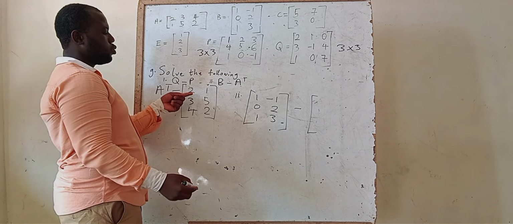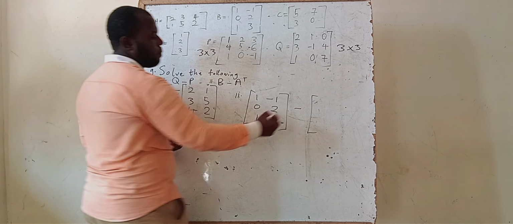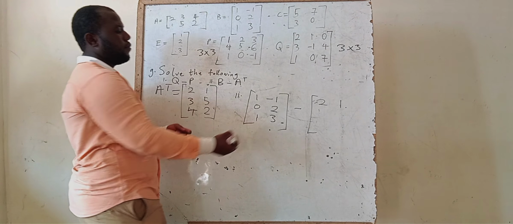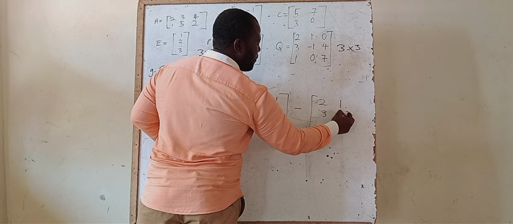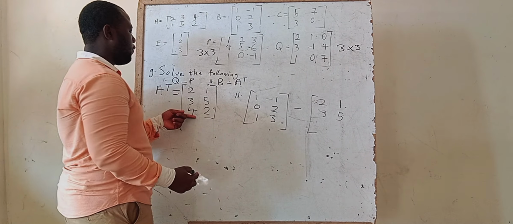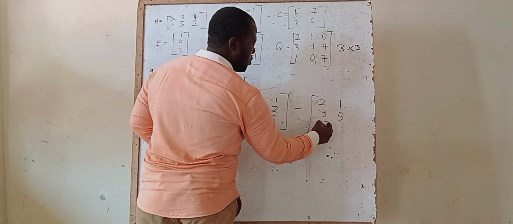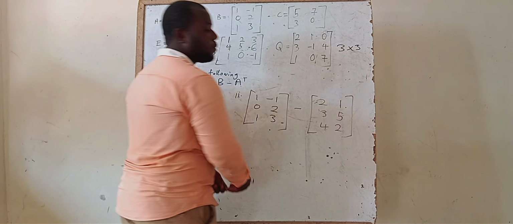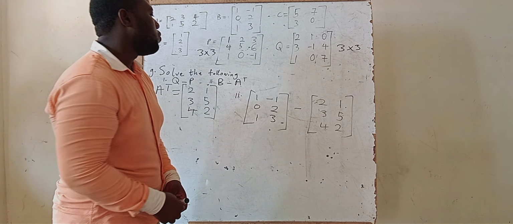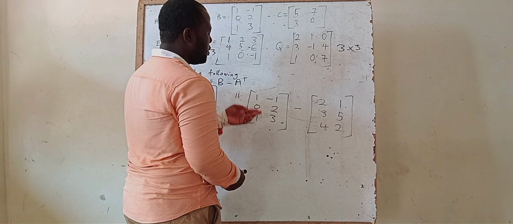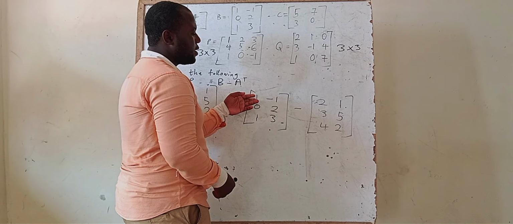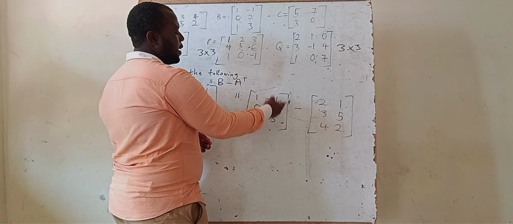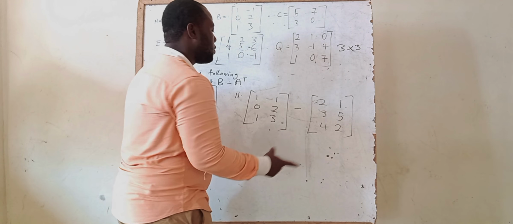So it has 2, 1, 3, 5, 4, 2. Now let's perform subtraction. So we'll take the first row and the first element. The first element, we subtract its corresponding element from it. The second element, we subtract its corresponding element from it.